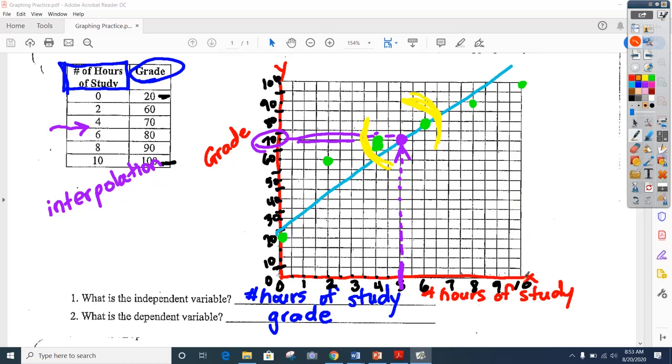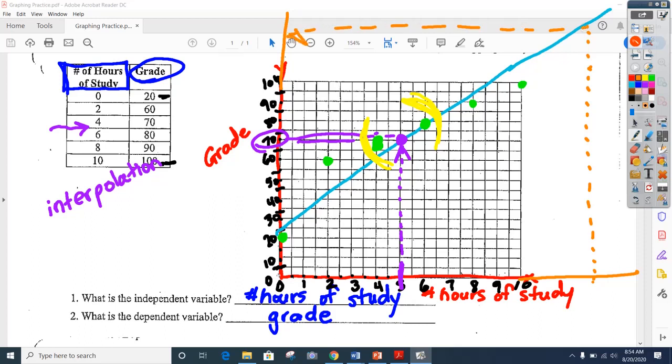Okay? Very good. Let's say my graph was larger, let's say my x-axis extended out even further, and my y-axis extended up even further, and let's say I asked you about a point on the graph if the student studied for, say, 12 or 14 hours, and let's just say that this happened to be extended even further. So you would go up to the graph, go over here.